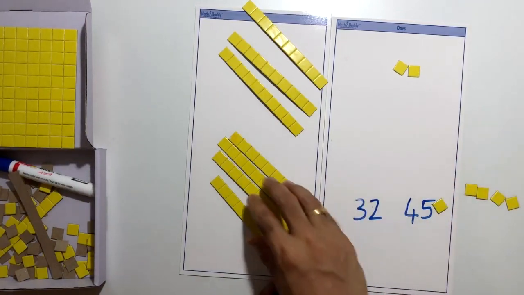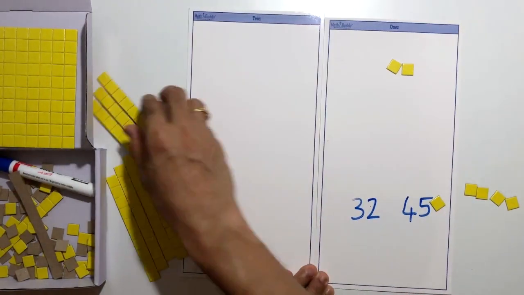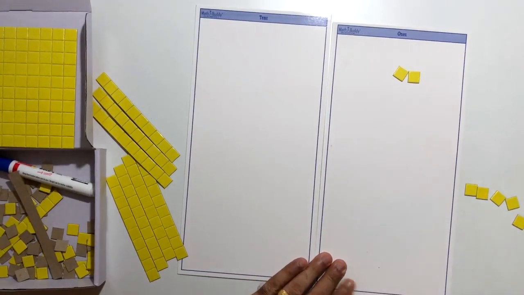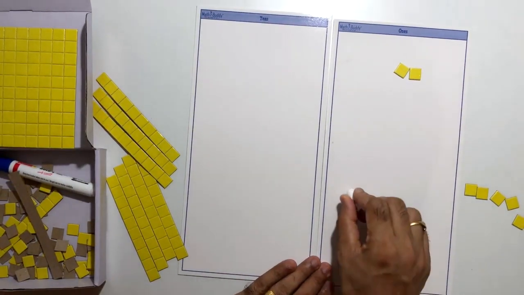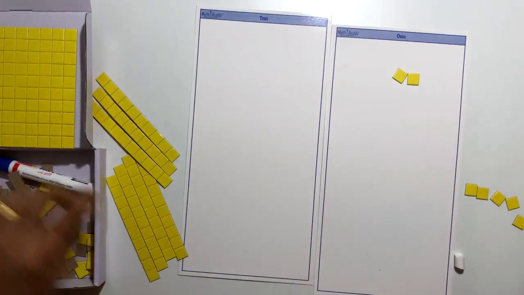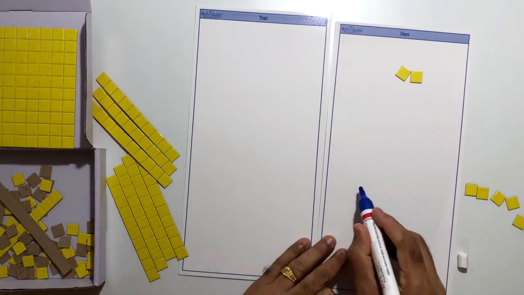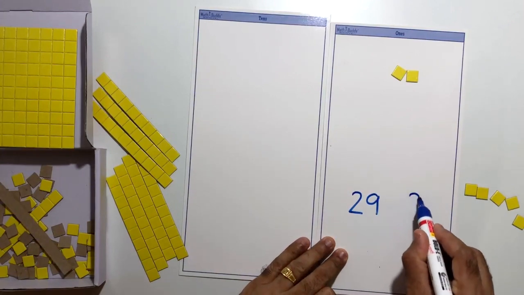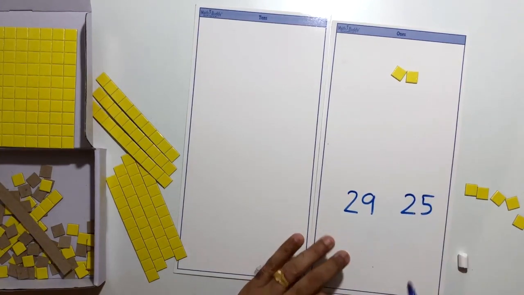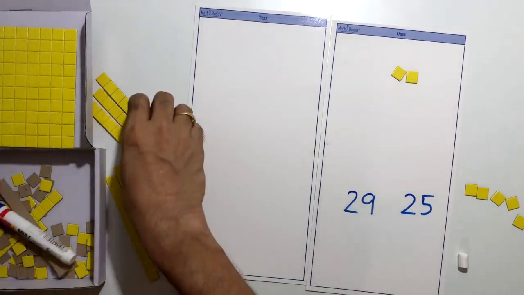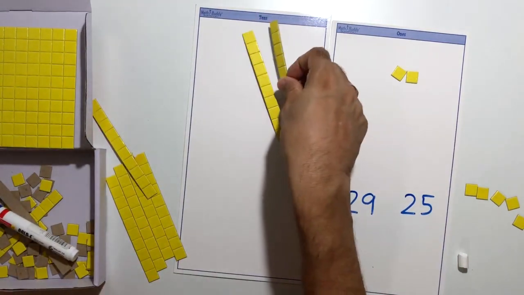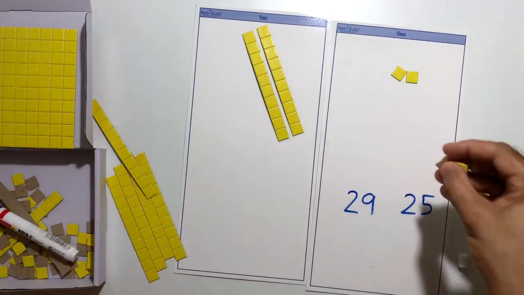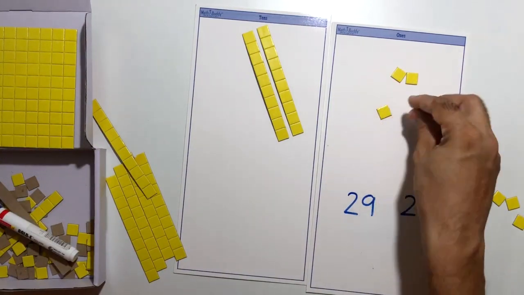Okay. Just one more example. Let's say I want to compare the number 29 against 25. Which is more? So again, just represent 29 first. So 2 tens and then there are 9 ones here, right?